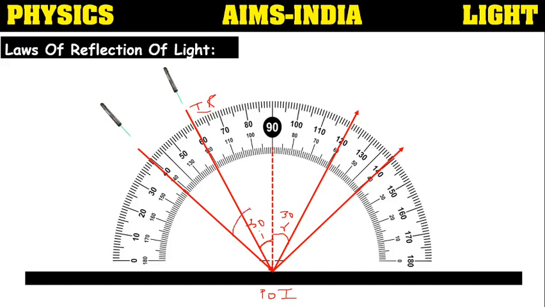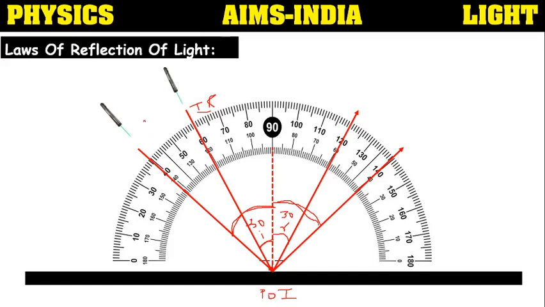From the incident ray to the normal, from 40 to 90, that is 50 degrees. The angle of reflection, from the reflected ray to the normal, from 90 to 140, is also 50. So in the second case also, the angle of incidence is equal to the angle of reflection. Both angles are equal to 50 degrees.